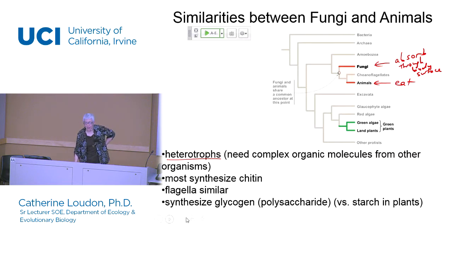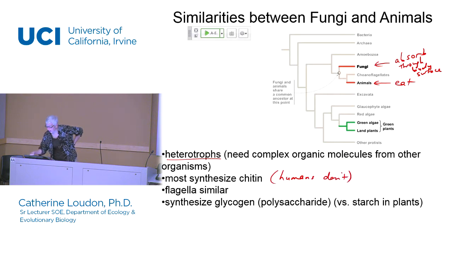Another similarity is that most fungi and most animals synthesize a very important and extraordinary structural material called chitin. We actually, humans and our close relatives, don't have chitin, so this is not something that humans have. So I'll go ahead and put humans don't. So you're wondering where your chitin is. You don't actually have any.